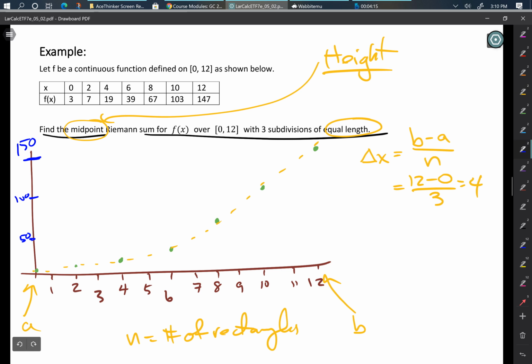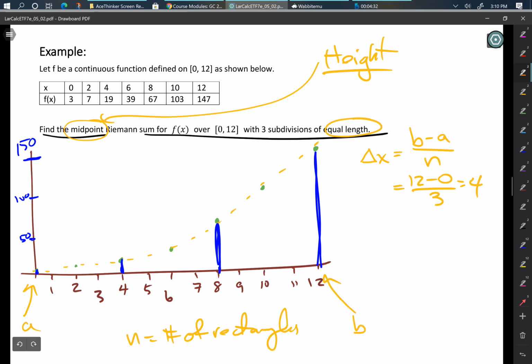So the first rectangle is going to be from 0 to 4, and then from 4 to 8, and then from 8 to 12. And then we're supposed to use the midpoint of each of these to determine the height.